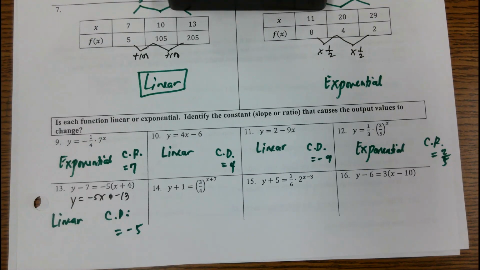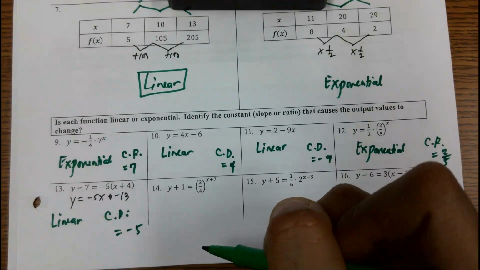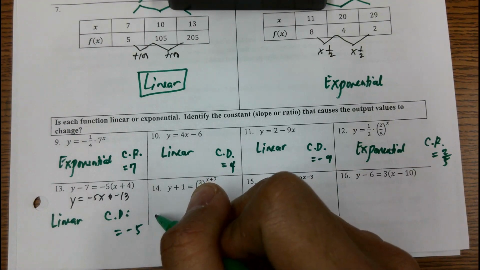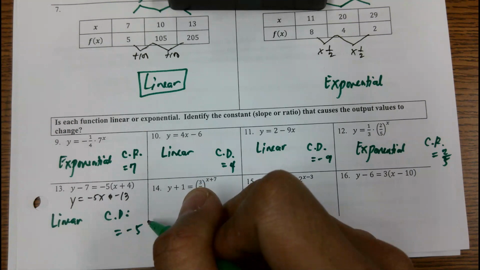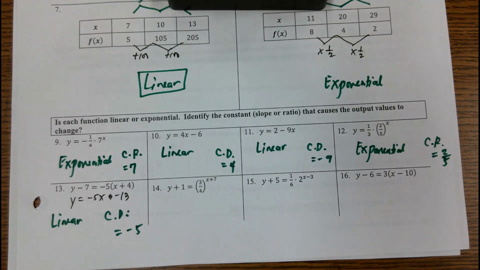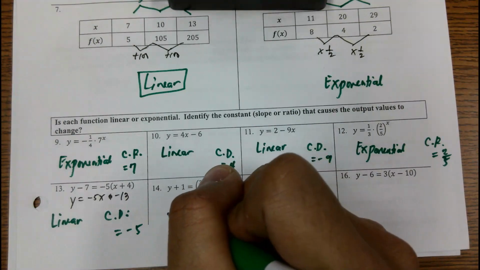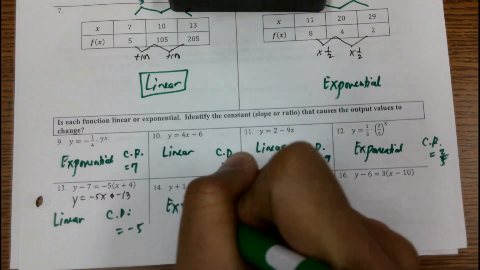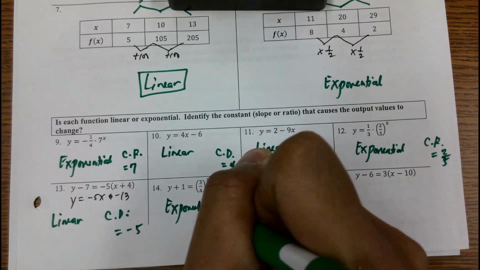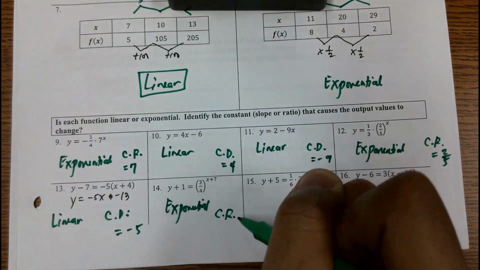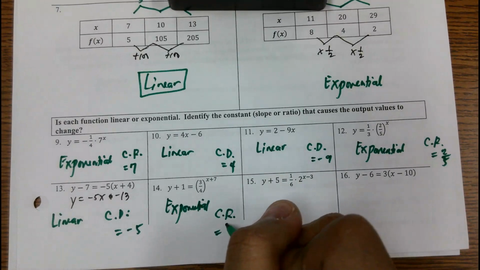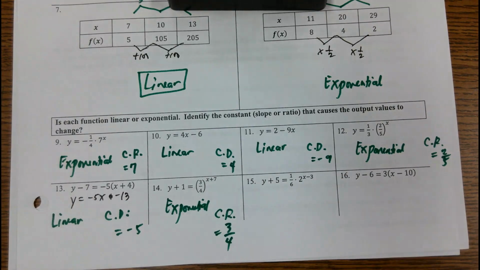Ezekiel, number 14. Linear or exponential? Okay, I'll be back. Phil, number 14. Linear or exponential? Exponential. What's the common ratio then? 3/4. Correct. Hannah, 15. Linear or exponential?